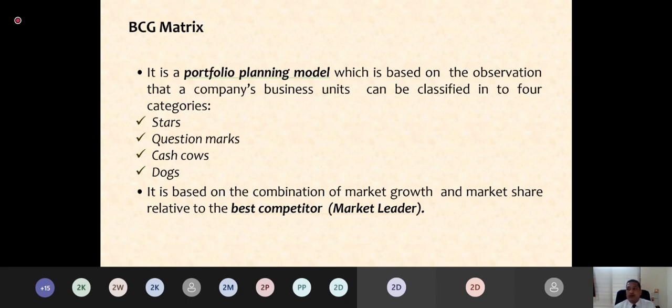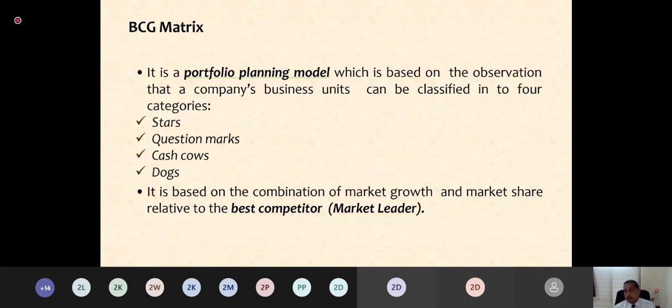This categorization will be helpful for a strategist to formulate strategies which will talk about the allocation of resources on different business units with their relative importance. So as per their relative worth, we will have to then allocate the resources to different business units.